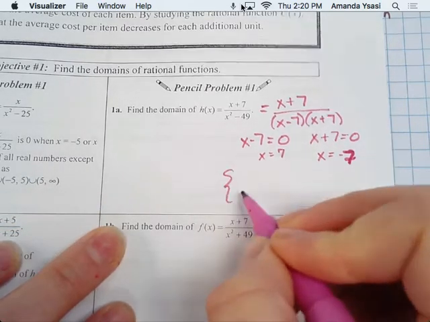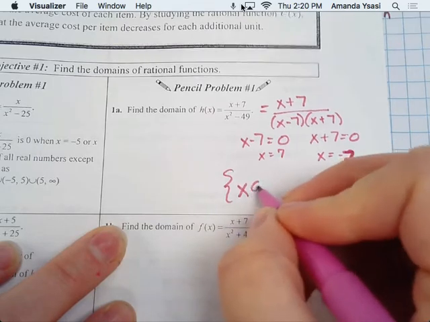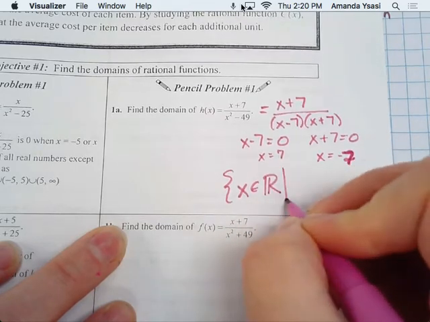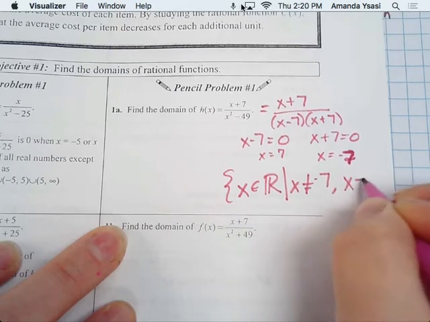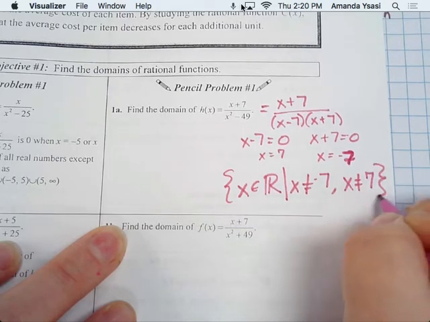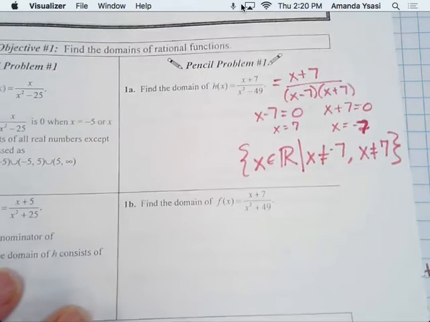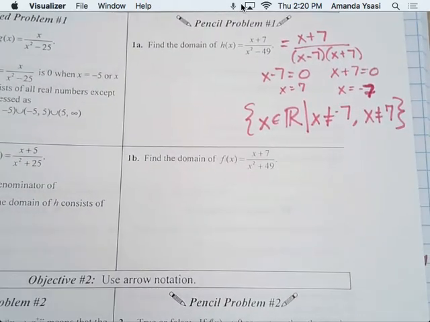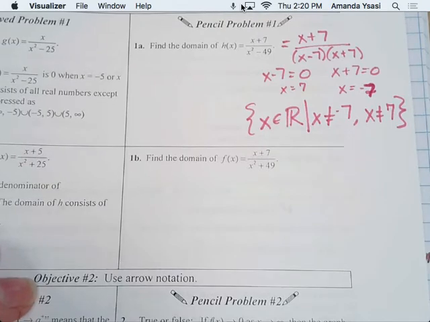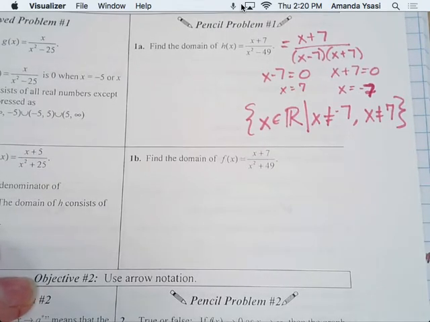So it's x all real such that x doesn't equal -7 and x doesn't equal 7. Is that first one a -7? Yep.